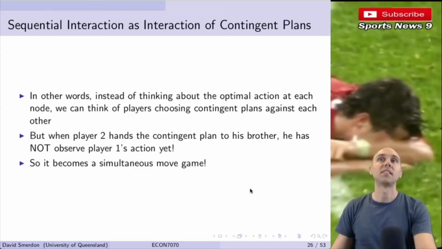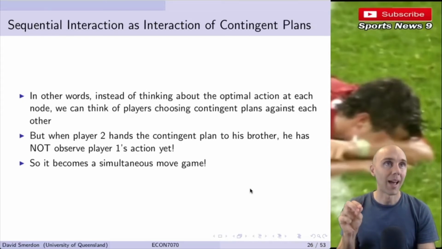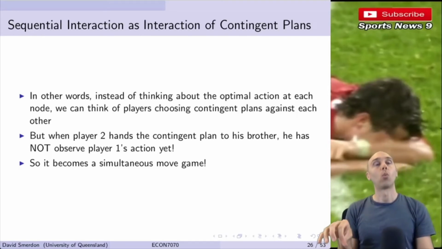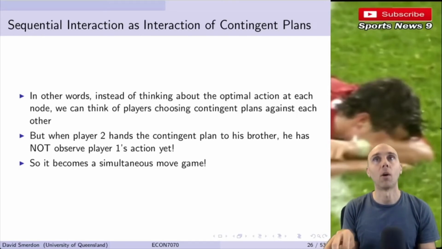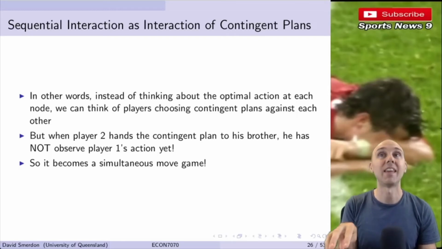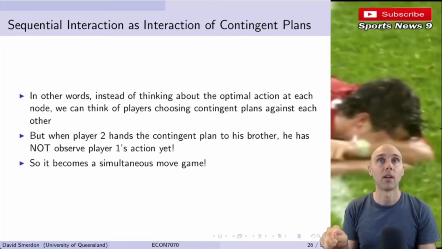So in other words, instead of thinking about the optimal action at a given node, which is the way the twin brother's thinking, it must match what the optimal contingent plan is anyway. So we can think about this in terms of the optimal contingent plan. But the contingent plans that player 2 writes down for his brother are written before the game has even started, before he has even observed player 1's actions.